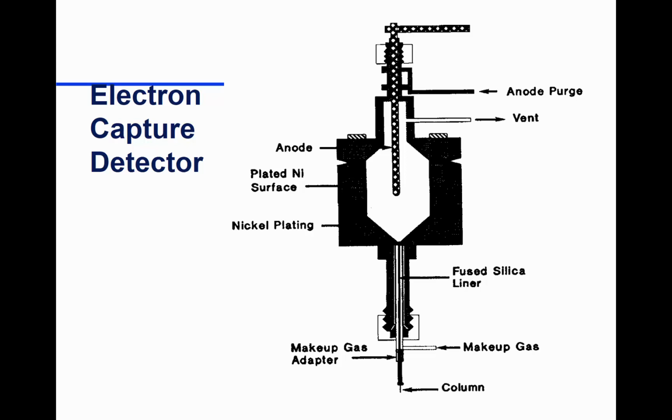So I've got radioactivity. As it sits there, it's decaying. It's giving off electrons as degradation products. So I'm always giving off electrons that get collected here. So I've always got an electrical current coming out here. If a compound comes through here and it likes to absorb electrons, my current decreases. My compounds have absorbed my electrons, and so my current flow decreases.